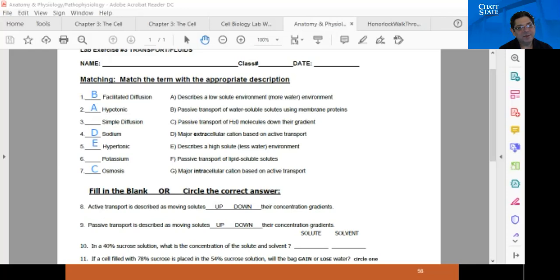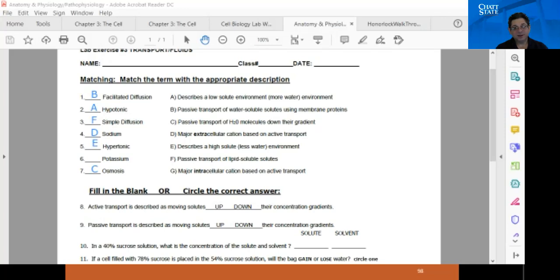Okay, next up, passive transport of lipid soluble solutes. Simple diffusion. There you go. Lipid soluble means they're nonpolar. And guess what that cell membrane is? Largely nonpolar, due to all those fatty acid tails, they create a nonpolar fence. Therefore, water-soluble molecules will have to use facilitated methods to get through.